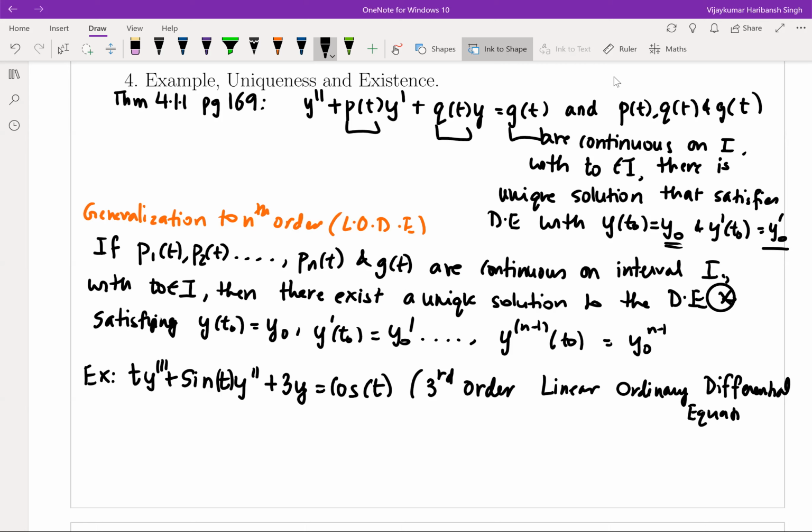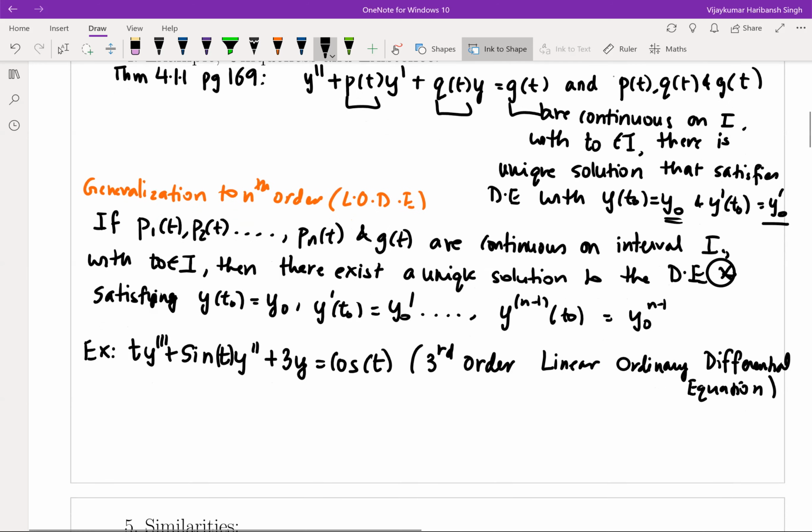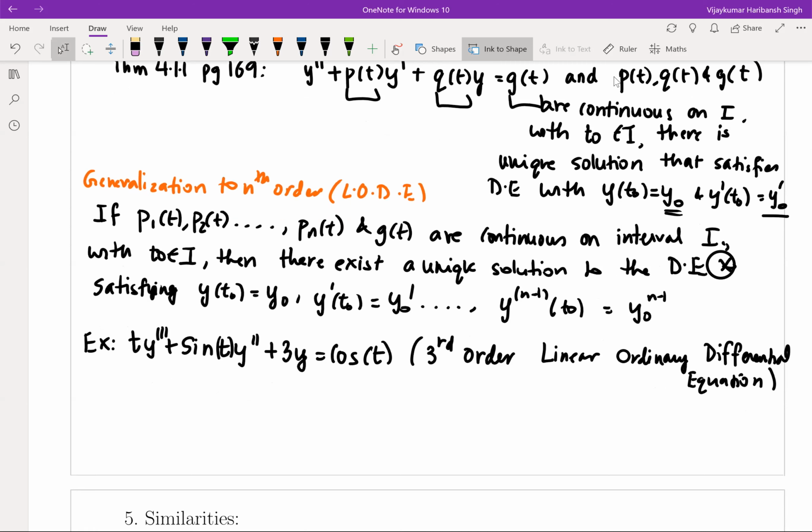We can say that ordinary is redundant here because all of the problems we are dealing with in this course are ordinary. So you're given this with y of 1 equals 0, y prime of 1 equals 0, and y double prime of 1 equals 1.